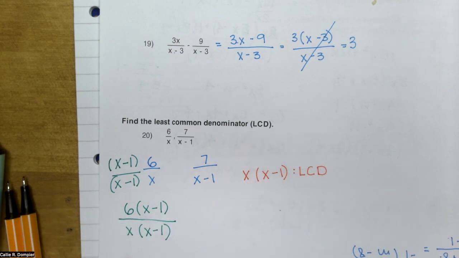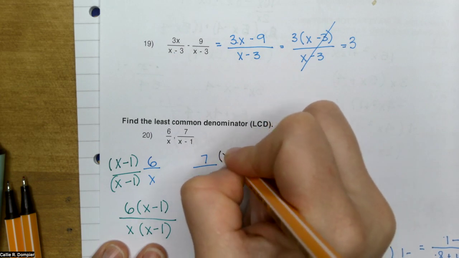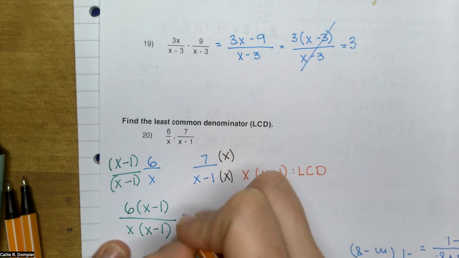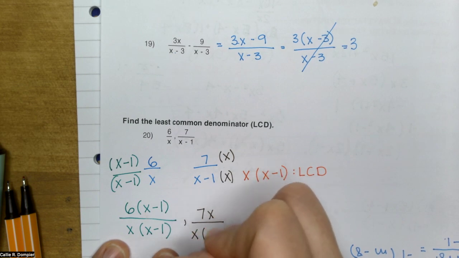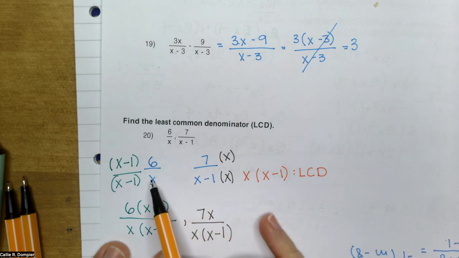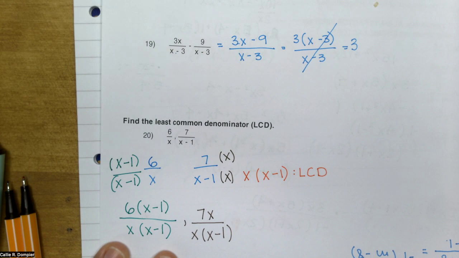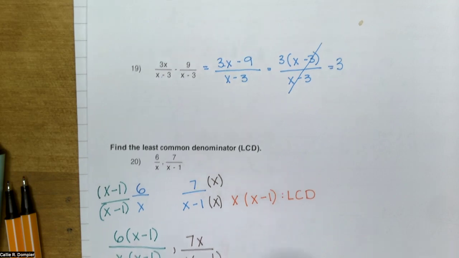For the second term, I just need to multiply them both by x, and it would be 7 times x minus 1. So that's what we mean by least common denominator. Something that will make your denominators the same. Least just means use 2 instead of 8 if you can, right? Use the smallest term you can. So our least common denominator is x minus 1 times quantity x.